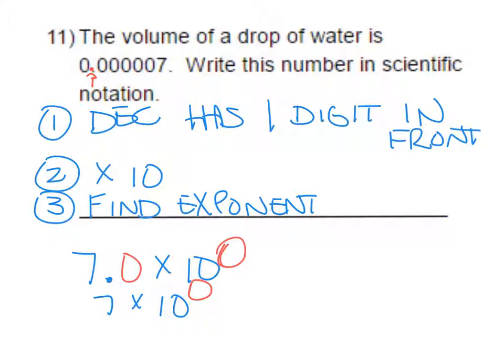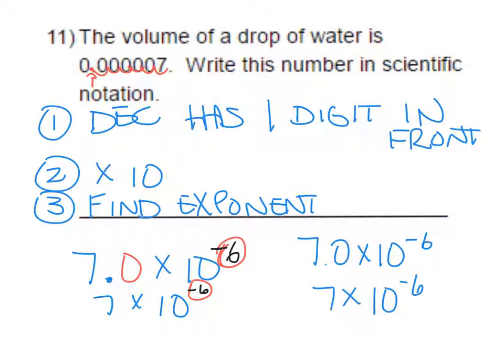So we need to move the decimal point 1, 2, 3, 4, 5, 6 places. And that's going to be 6 places to the left, so we want our exponent to be -6. So our answer, just writing it to be more clear, is 7.0 times 10 to the -6, or just 7 times 10 to the -6. Either way, those are the number written in scientific notation.